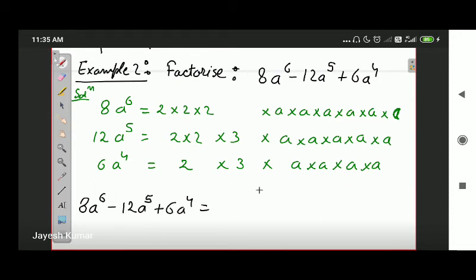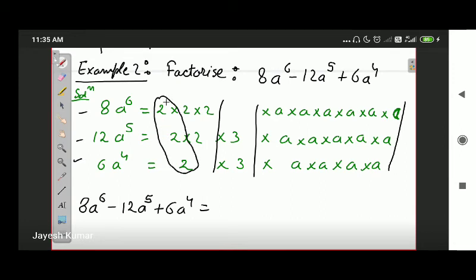So what you do is you group them accordingly and take as much common as possible. Common is 2, which should be present in all 3 expansions. We have 2 present in all 3 expansions. We take that as common. 3 is not present in all 3 expansions, so 3 remains as it is. And 4 a's are present in all 3 expansions.